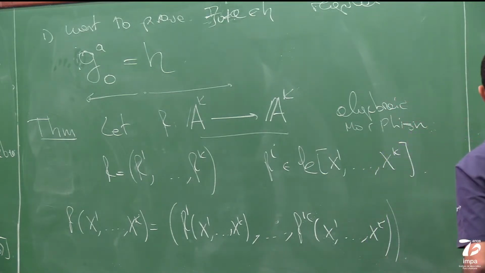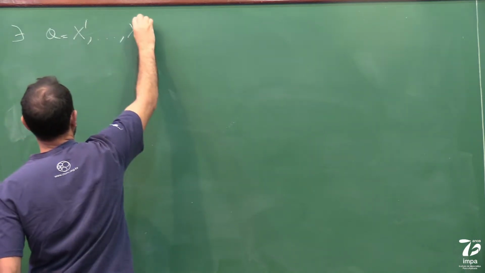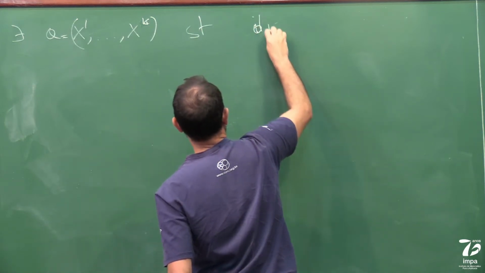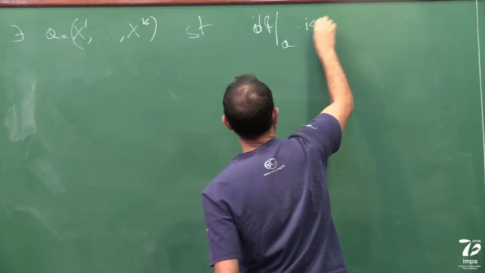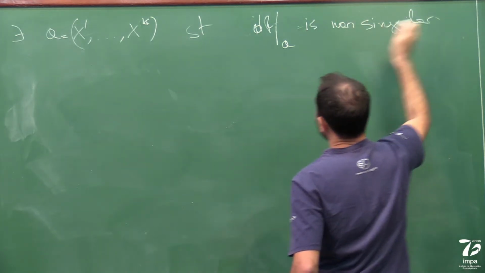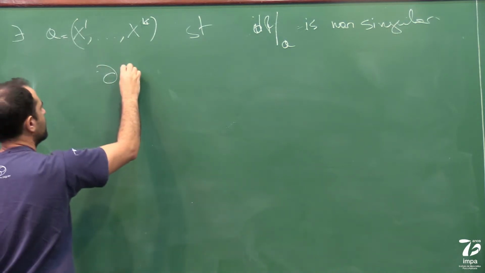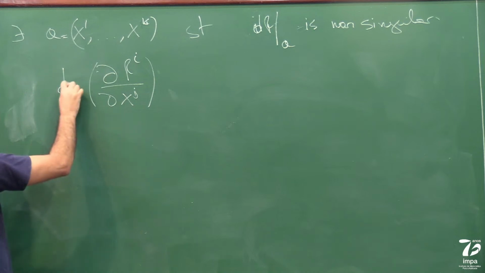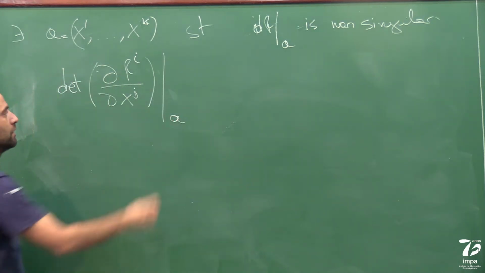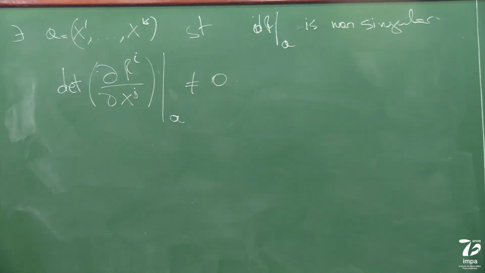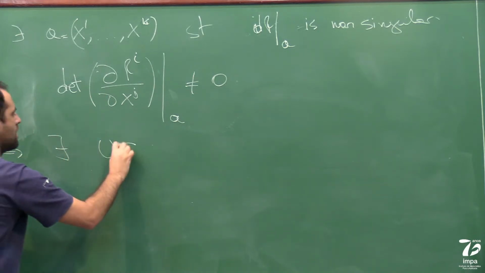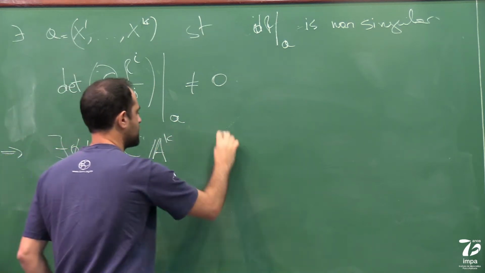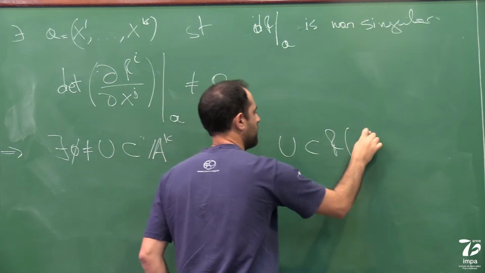If there exists some point A, which is x1 up to xk, such that the differential of F at A is non-singular, so this means that if you take the derivative of fi with respect to xj, this is a matrix, and you take the determinant of this matrix evaluated at the point A, this is non-zero, then there exists a Zariski non-empty, therefore dense, open U inside of K^k, such that U is contained in F of K^k.